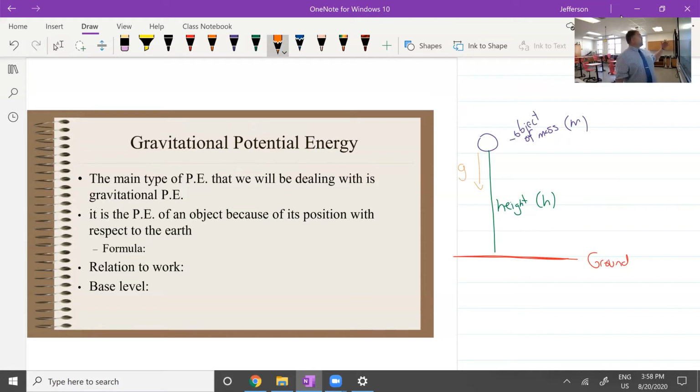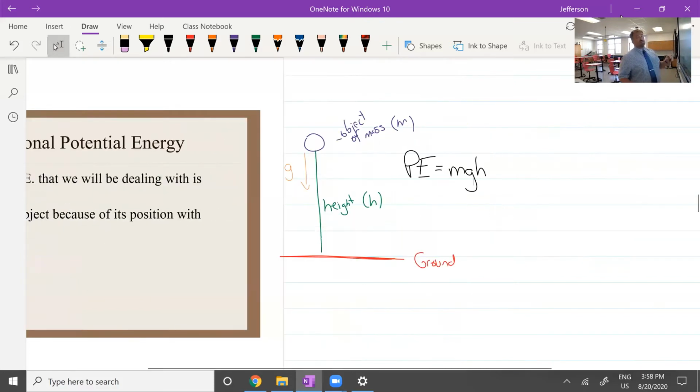And so we can say that the formula for finding the potential energy, which the symbol is PE, is equal to the mass times the acceleration of gravity times the height. Now, I'm going to break this down just a tiny bit.